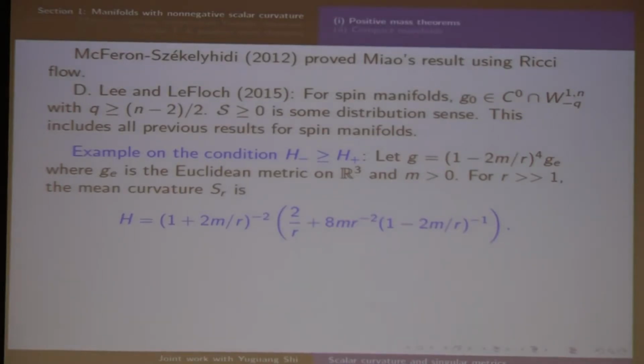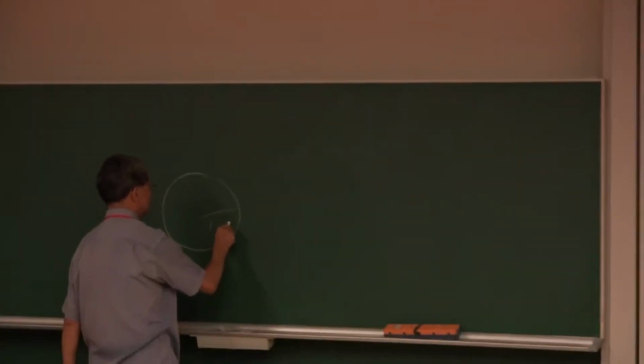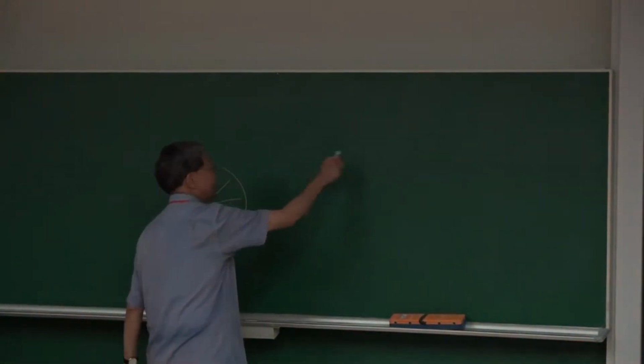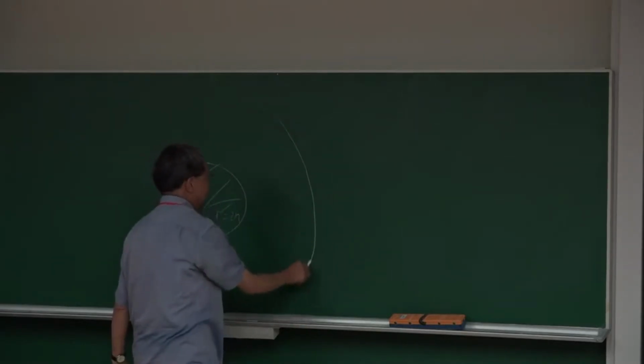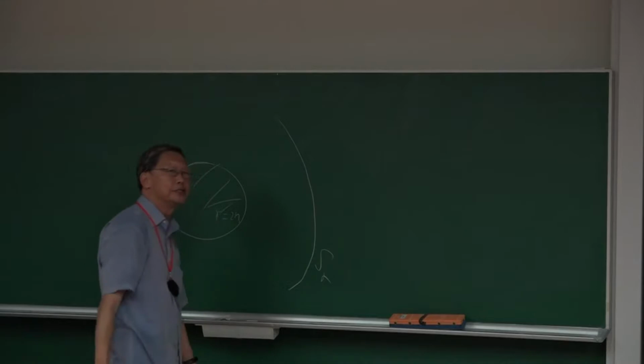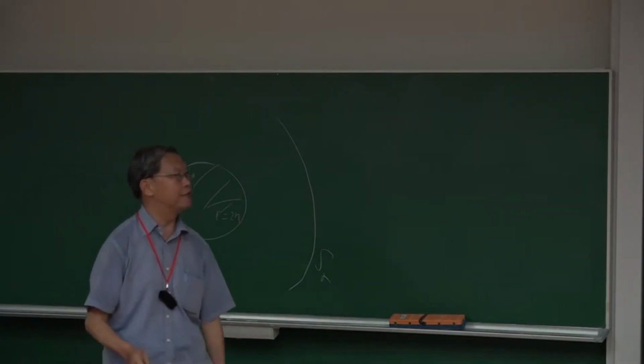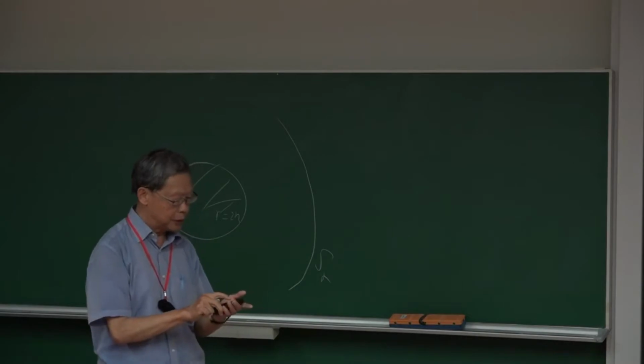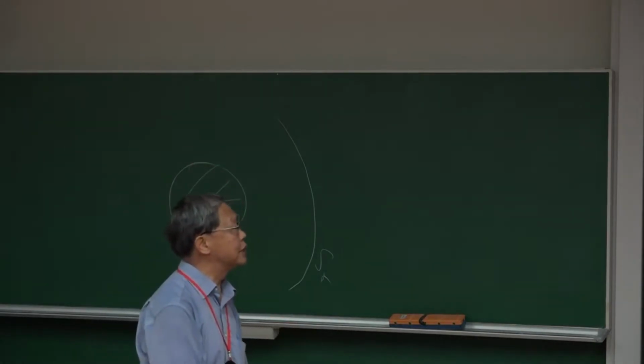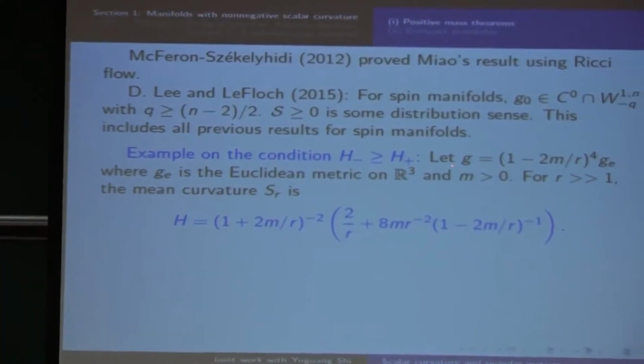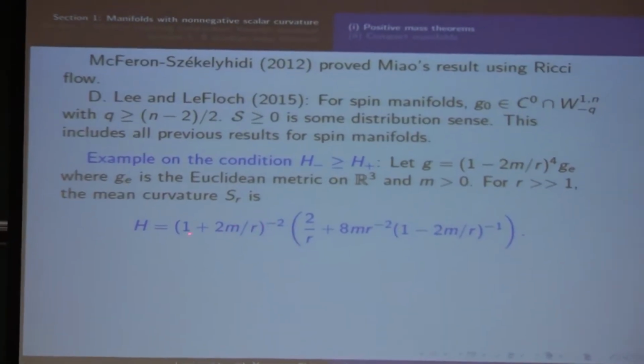So let us look at this example. We have a metric outside a certain ball, r equal to 2M. So you just take a ball, a coordinate sphere. Therefore, we have two metrics. The first metric is the Euclidean metric, the second metric is the metric g. For the metric g, we can compute this mean curvature to be this.